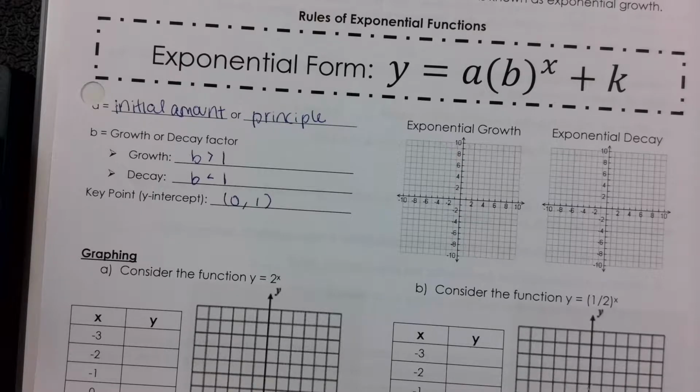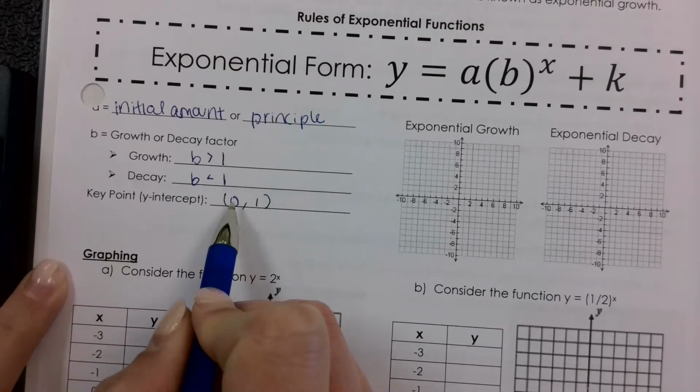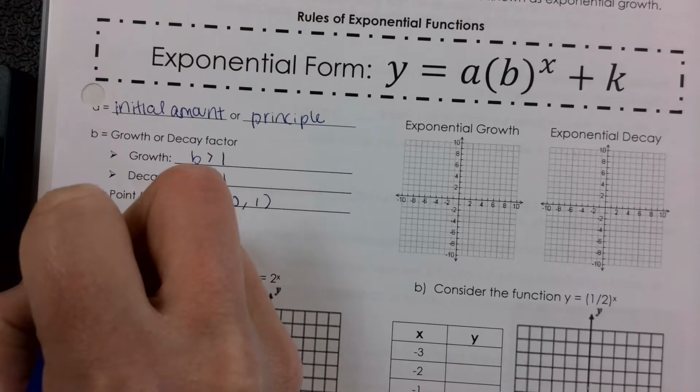How do you find a y-intercept? This is not linear, so there's not like a b. We know that y-intercept is where what equals 0? x. So just plug in a 0 for x.